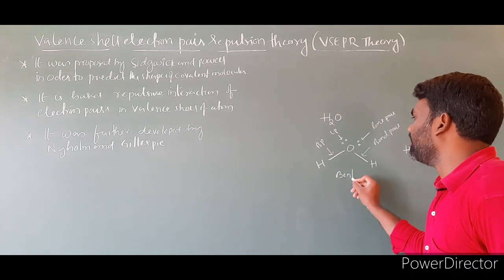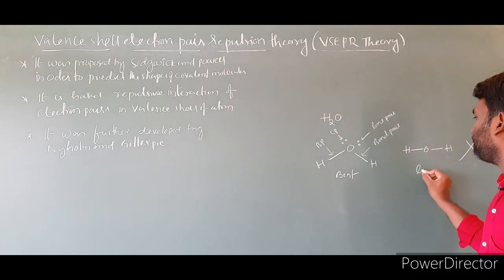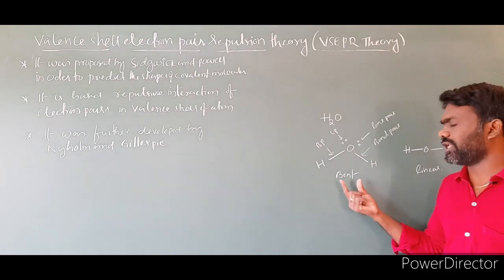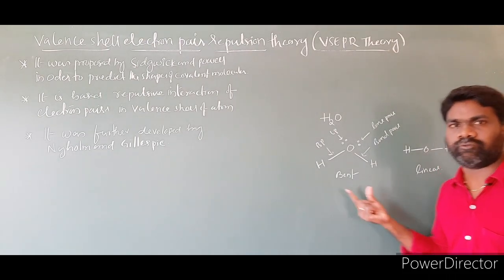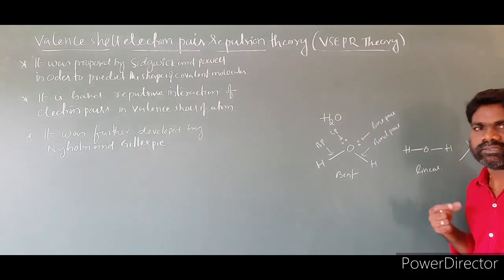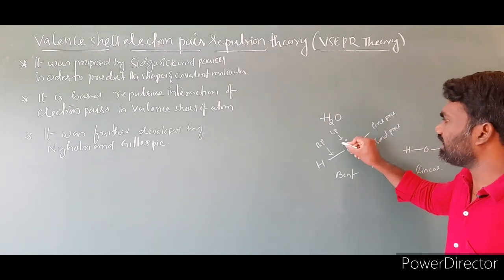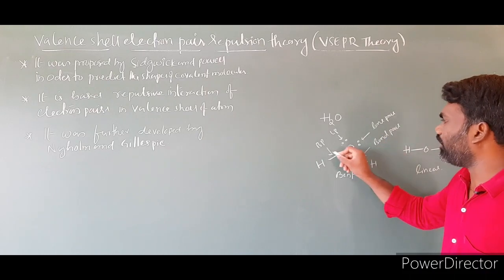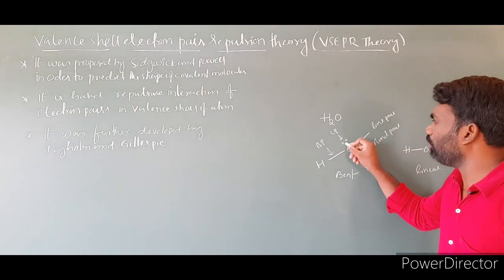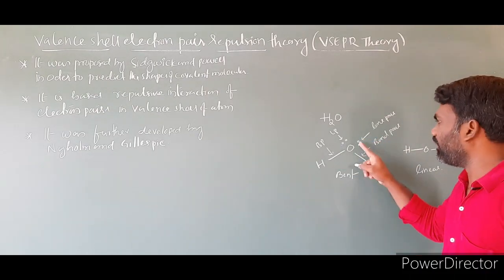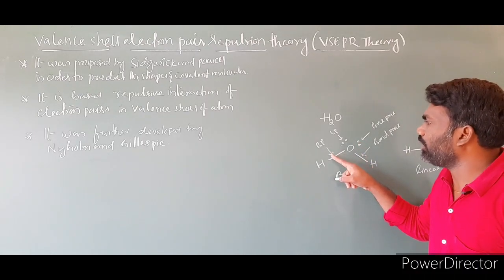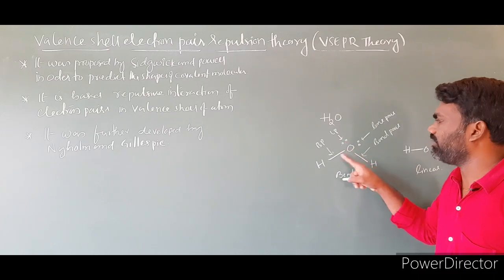Now one question arises: why should we write the shape of water as bent and not linear? The reason is these electron pairs, the lone pairs and the bond pairs: lone pair will repel lone pair, bond pair will repel lone pair, and bond pair will repel bond pair.